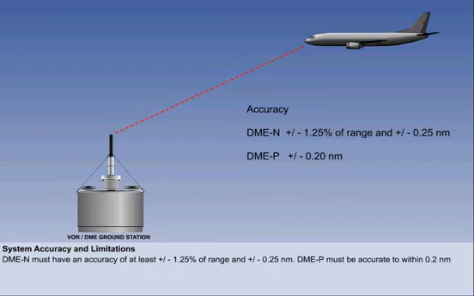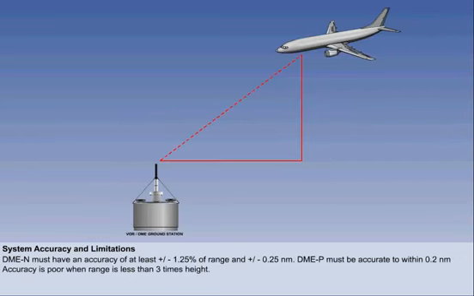You will recall that DME does not measure ground distance below the aircraft to the station, but the slant range of the aircraft to the station. This does not cause a problem when the aircraft range is more than 3 times height, but when the aircraft is close to the station, the plan range will become increasingly inaccurate.